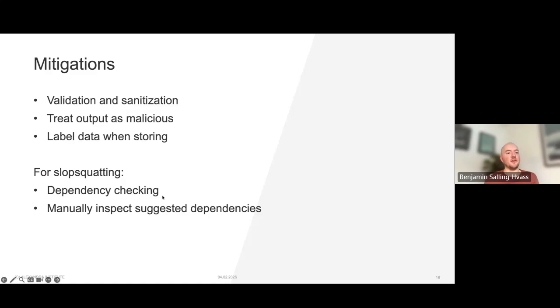Particularly for this slop squatting example, you can also use traditional things like dependency checking and manually inspect that the dependencies that the AI is suggesting are actually valid and good packages that are generally used by other developers. You could, for example, check that it hasn't been published within the last 2 weeks or so. That might indicate that there's something malicious going on.